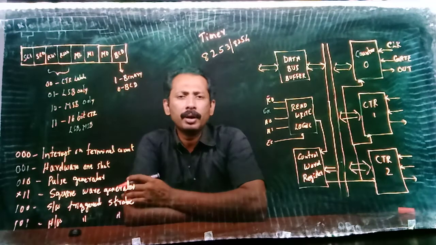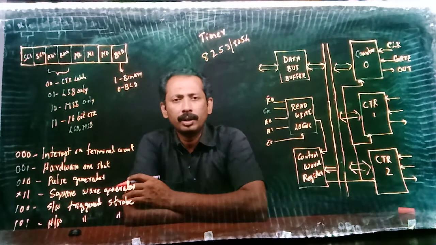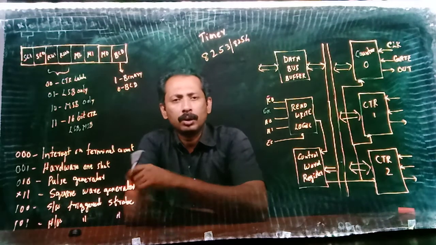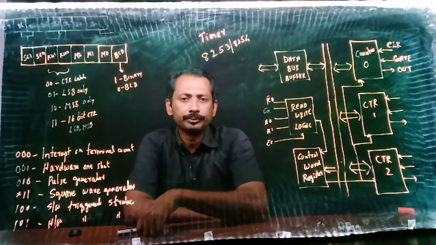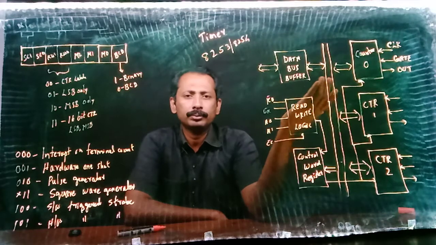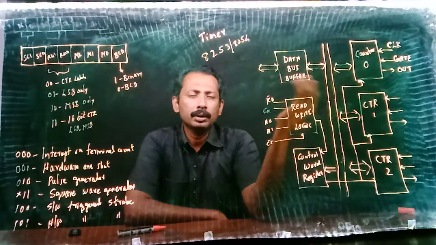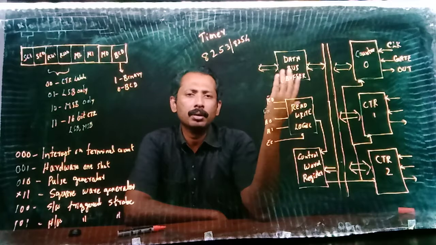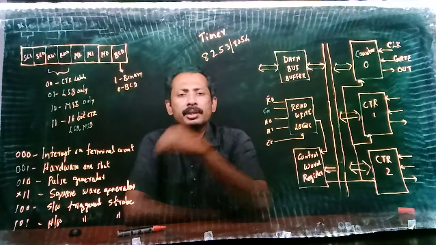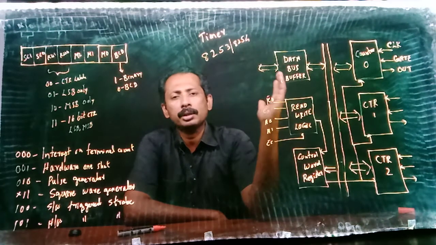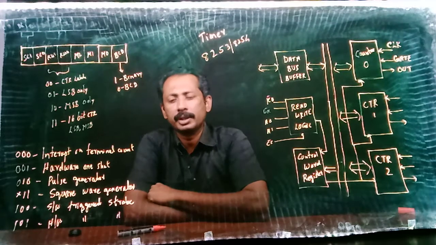Then I will be giving out 93. That means I am writing the control word to the control register. After that, I can load the count. Then when I enable gate and apply clock pulse, for each clock pulse the count gets decremented, and when the count reaches 0, the state of the out pin changes.